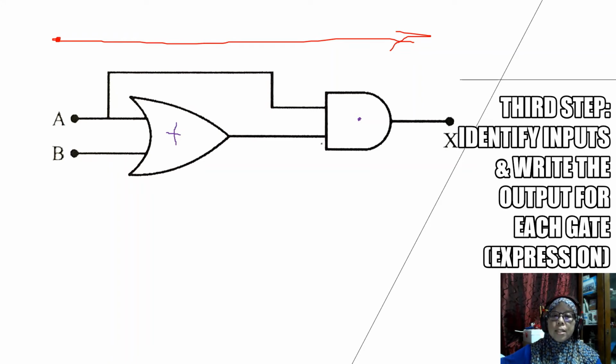For the third step, if A and B is your input, then what is your output? Tuliskan output di sini. Sini input kita A dan B dihubungkan oleh OR gate, jadi nak tuliskan dia adalah sebagai A OR B.